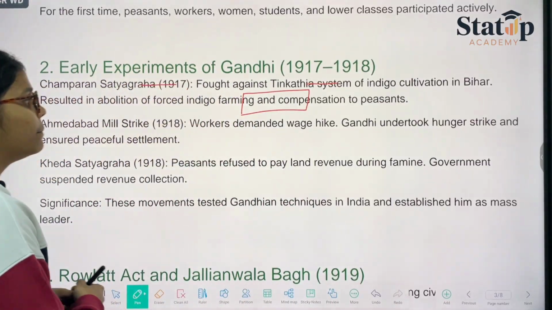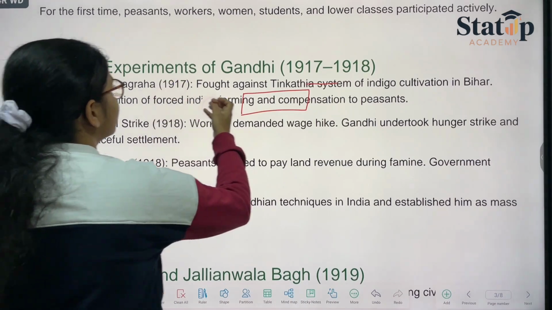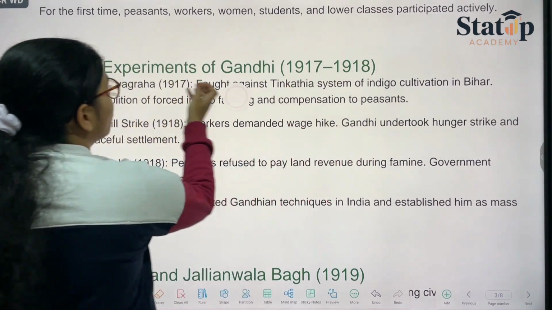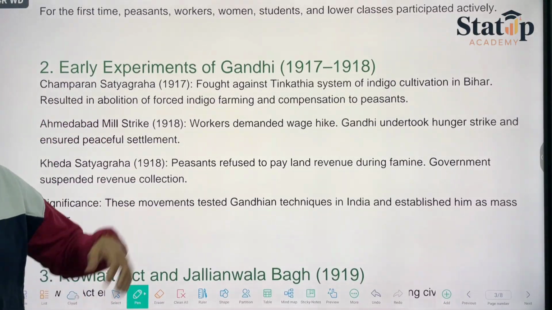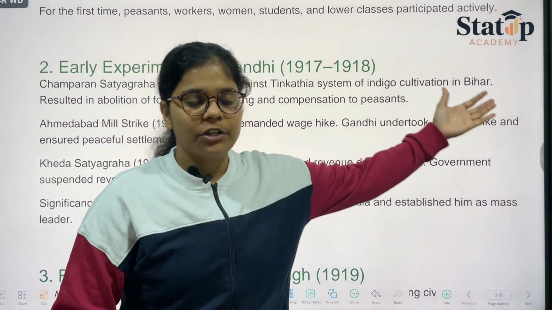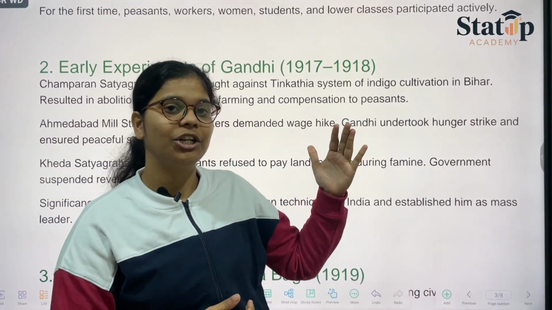Okay? So in Bihar, it was actually going on, which resulted in abolition of forced indigo farming and compensation to peasants. That means when the indigo cultivation was going on, that's why you will find that various fields in Bihar are still barren because of that indigo cultivation.